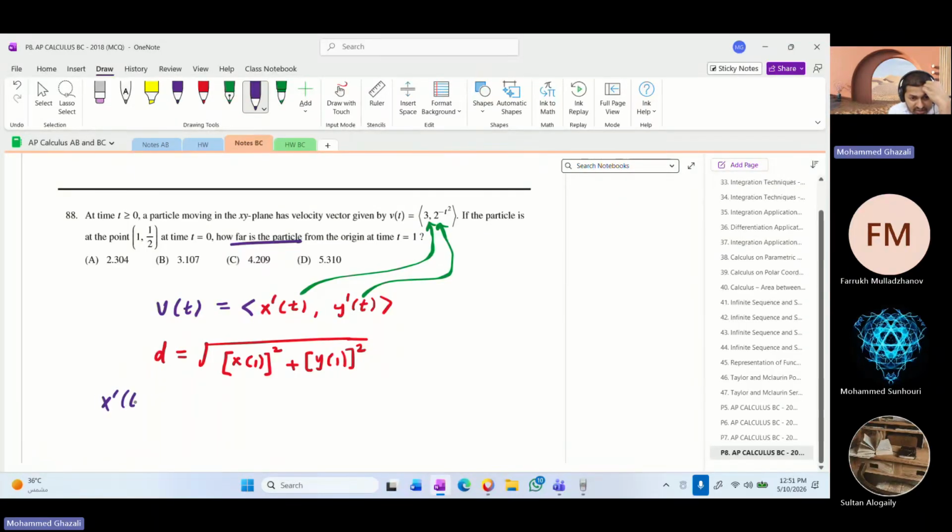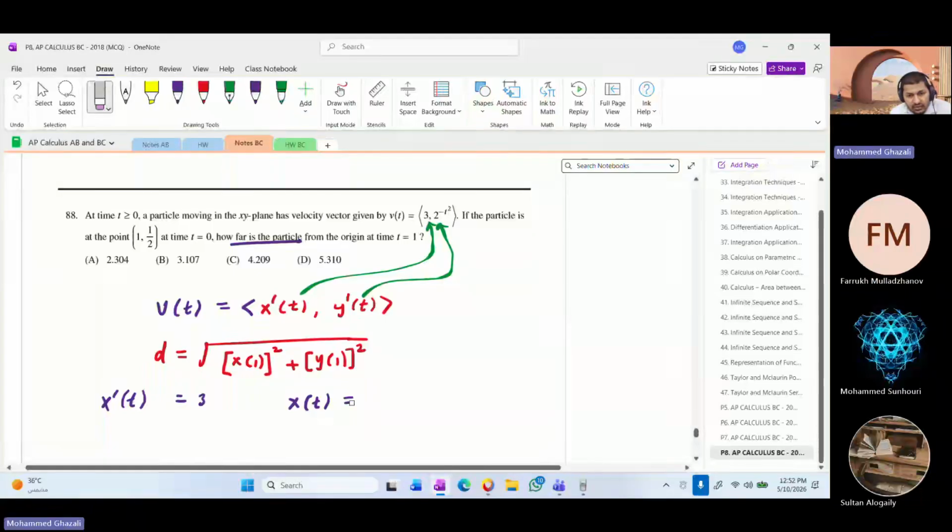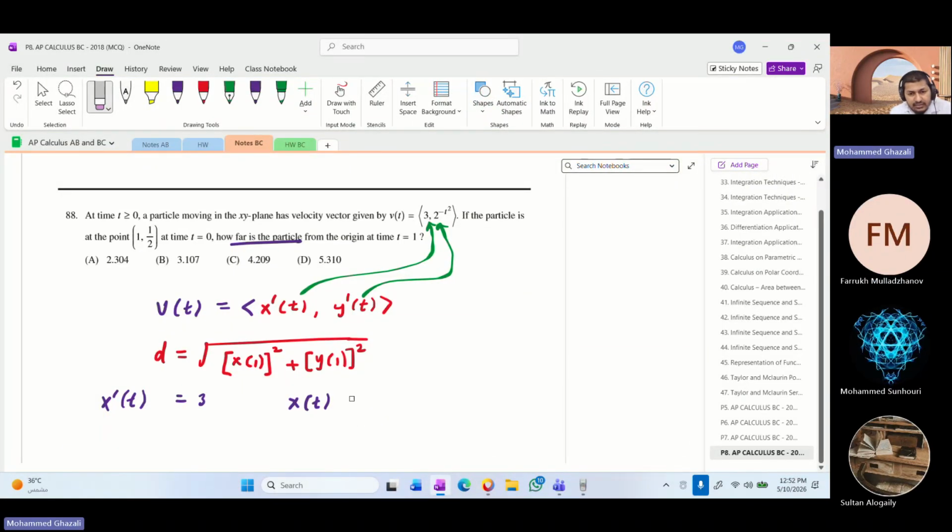So we know x prime of t is equal to 3. So x of t minus x of 0, by the fundamental theorem of calculus. Is it x of 0? No, they started at the point 1.